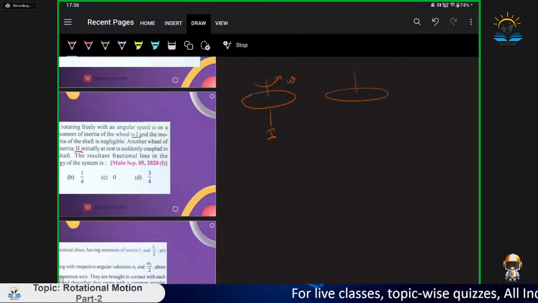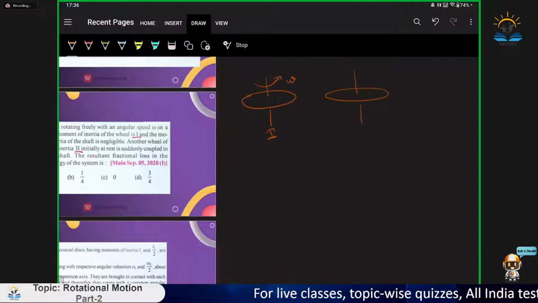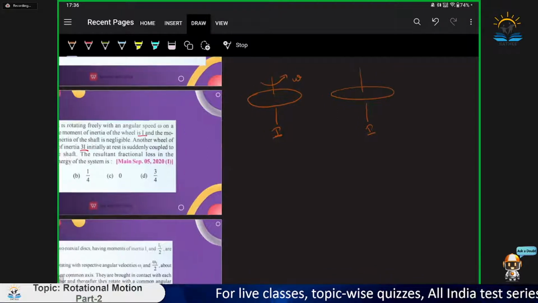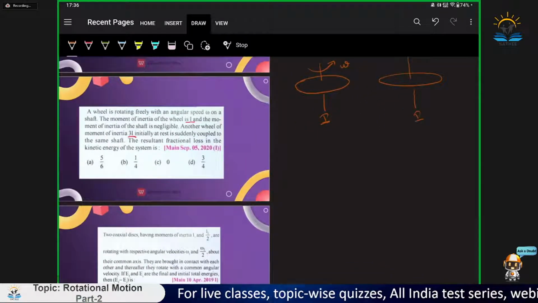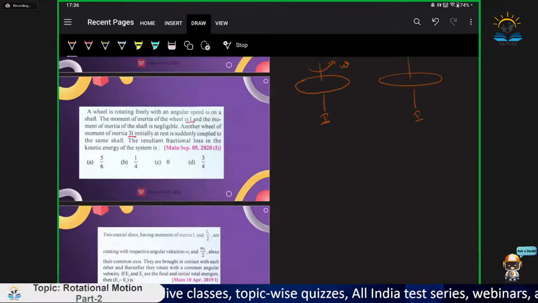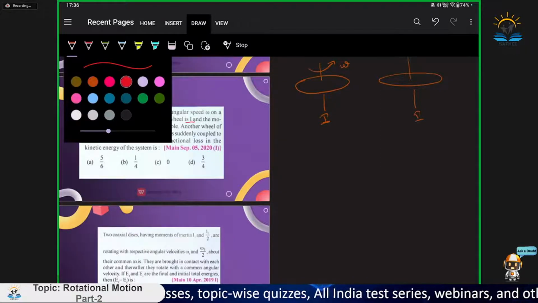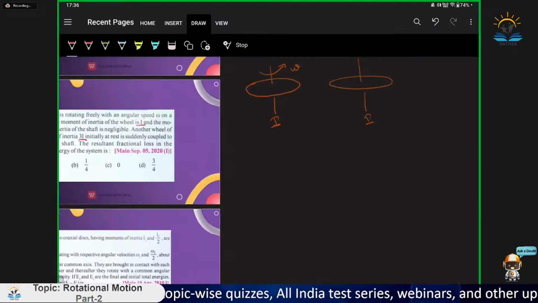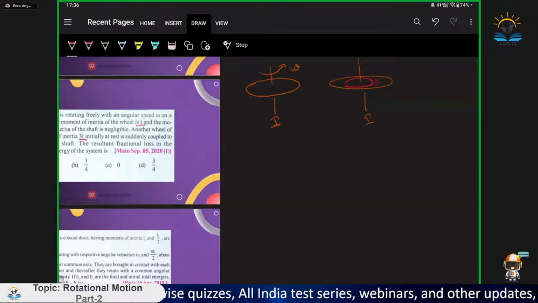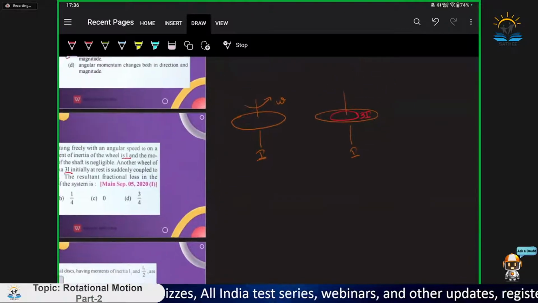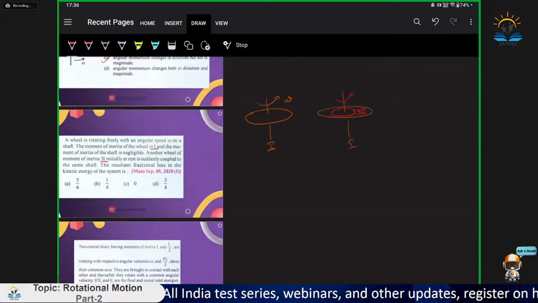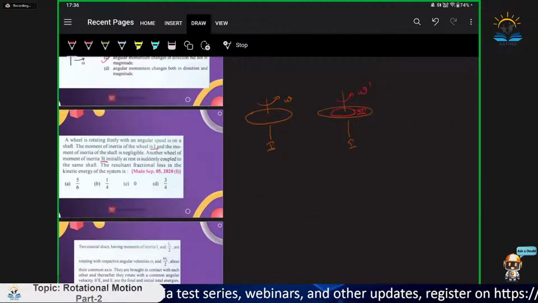After that, another wheel of moment of inertia 3I is coupled to the same shaft. Here, another wheel having moment of inertia 3I came. So definitely omega will change. Angular velocity will be some omega dash.